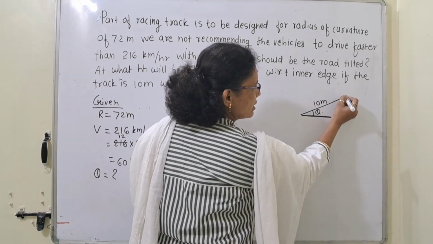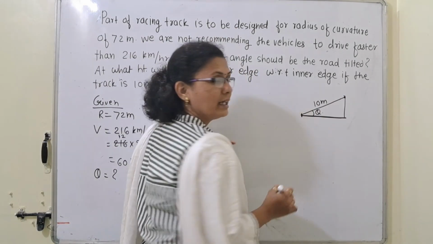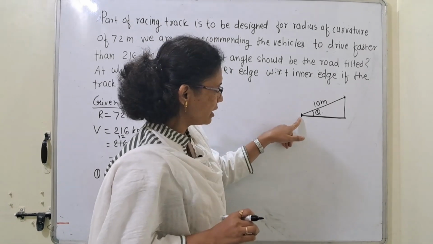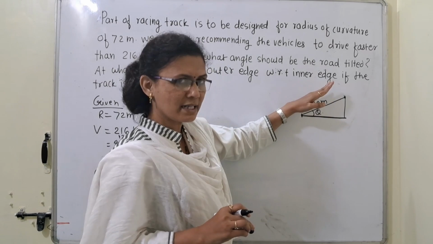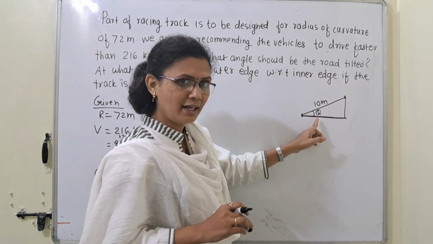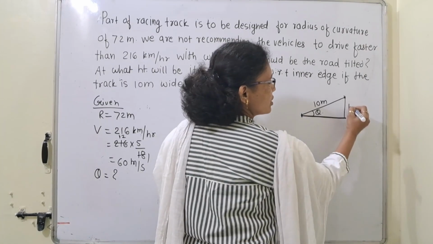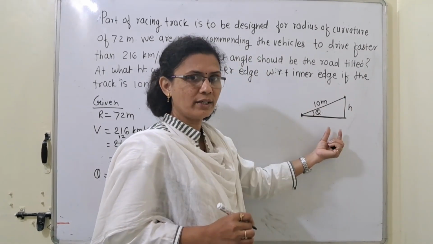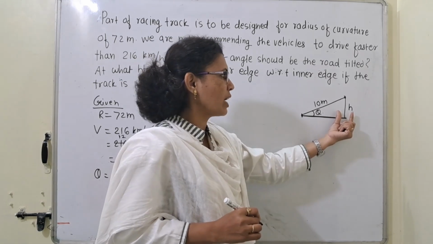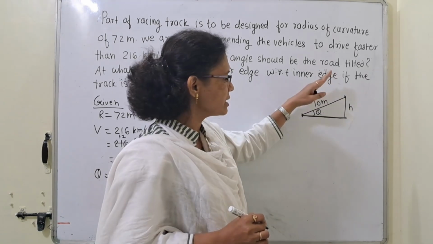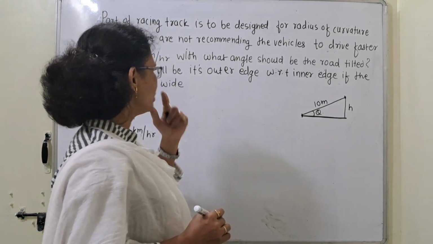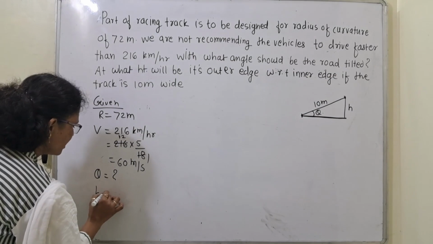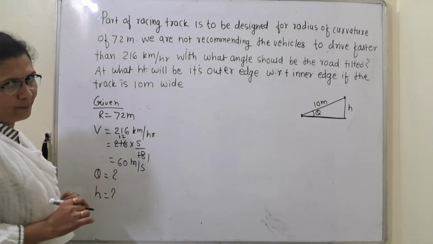This outer edge is inclined relative to the inner edge. The inner edge is here at the horizontal level, and the outer edge is raised to some height due to this angle theta. We have to find out this height h. So we have to find out two things here, h and the angle of banking theta.